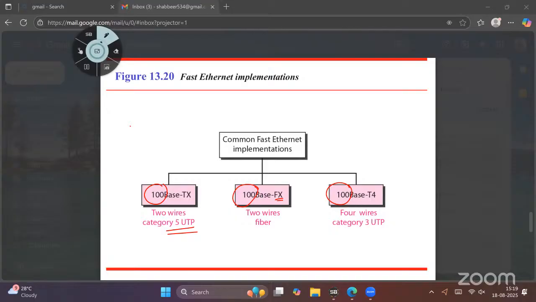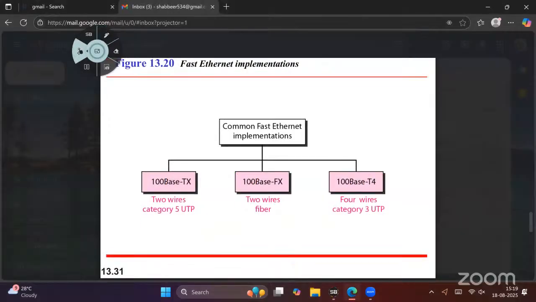If we use category 3, then devices use 4 wires. We need to transmit the data over a longer distance.